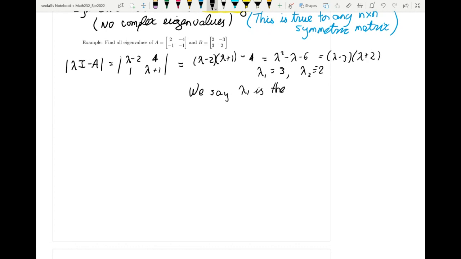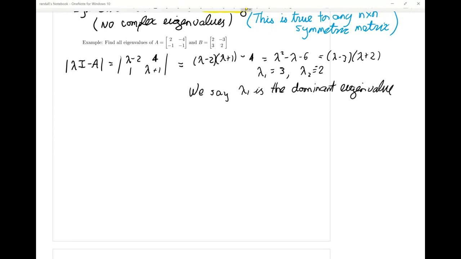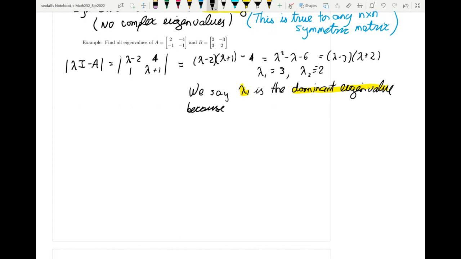So lambda 1 is the dominant eigenvalue, because lambda 1 in absolute value is larger than lambda 2 in absolute value. There are only two eigenvalues here, so that is the dominant eigenvalue.